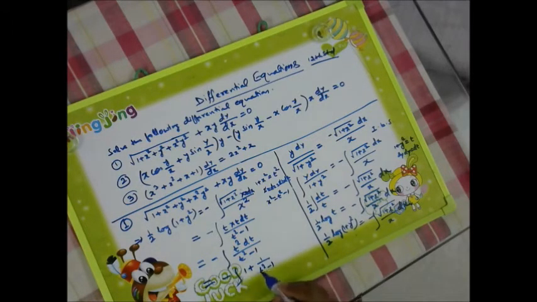If we write it like this, t square minus 1 plus 1 will make t square. So very well we will be able to write in this manner. And this left hand side is what?